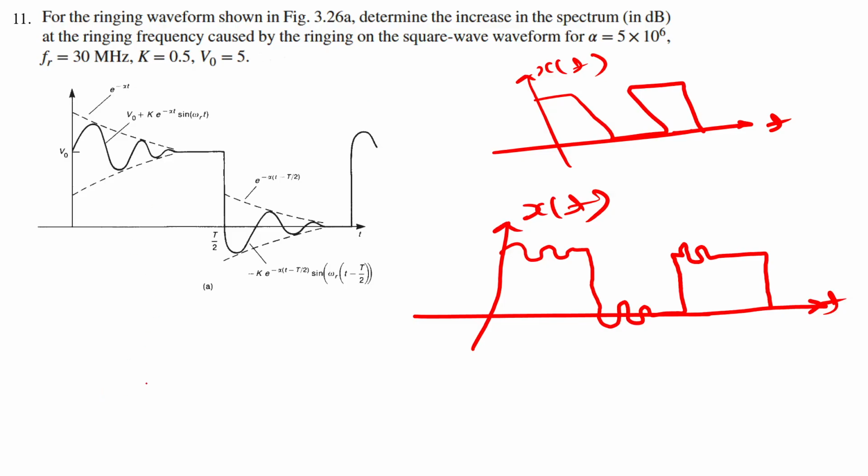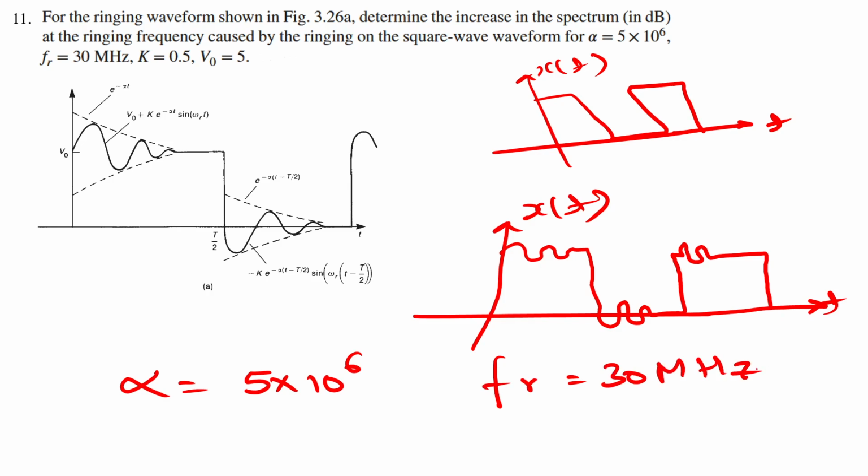For this, the damping coefficient alpha is 5 into 10 to the power 6, and the ringing frequency is given as 30 megahertz, and this V naught is 5 volts. Let's say this is a voltage signal, so it moves between 0 to 5 volts, and the frequency of this pulse, I think this data is missing in the question, should be F naught is 1 megahertz.